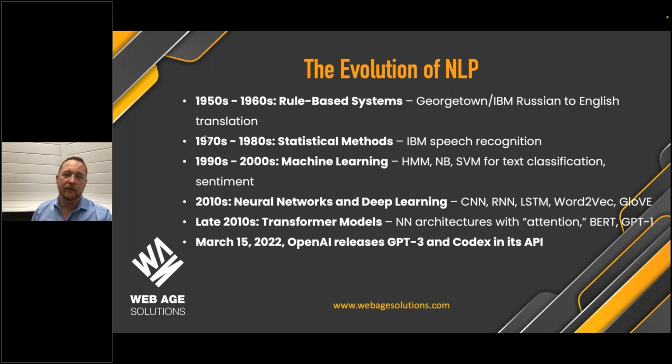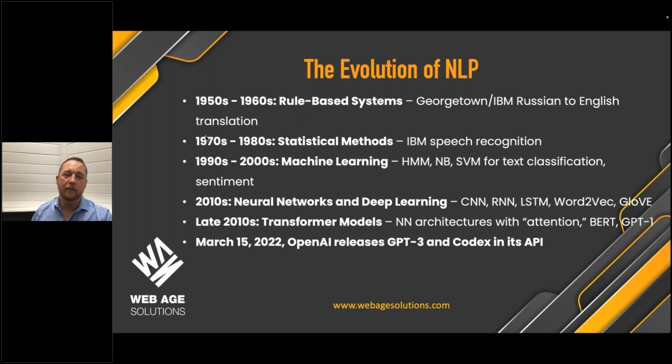Originally, it was just things like Markov chain models, naive Bayes, and support vector machines used for text classification or sentiment analysis, which was extremely useful, especially when you think about all of that web data and not having humans that can classify that much data. So this led to some advances there.